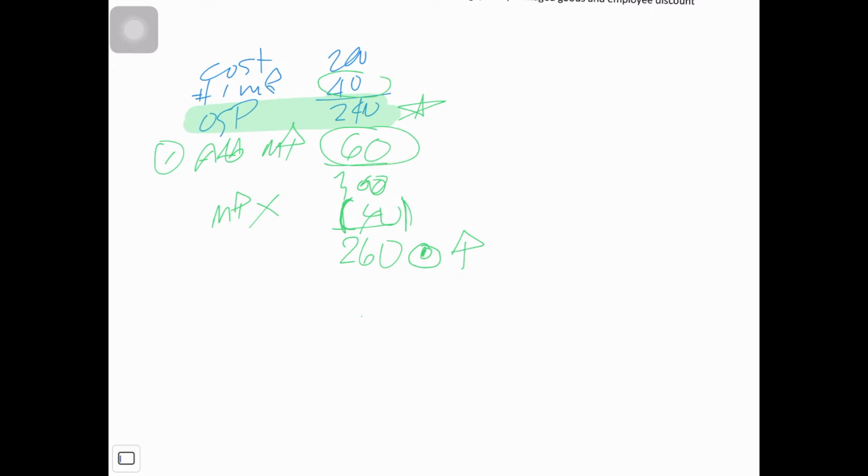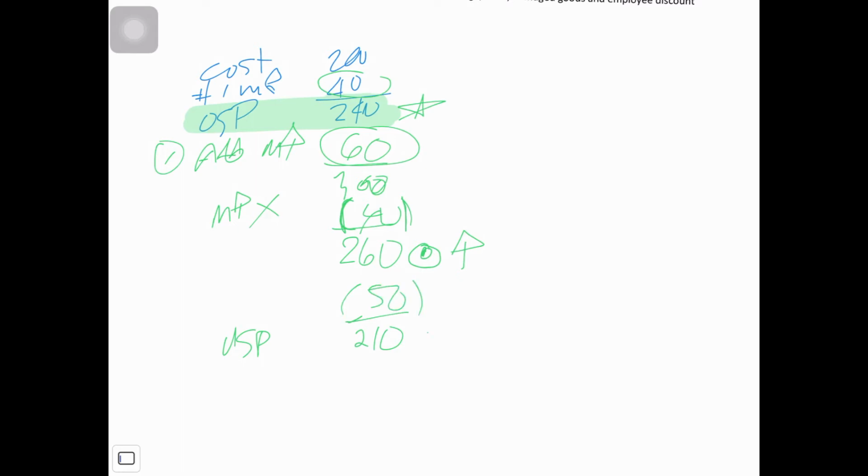Then, after 260, we realize the selling price should be just 210. How much is the decrease, guys? 50.